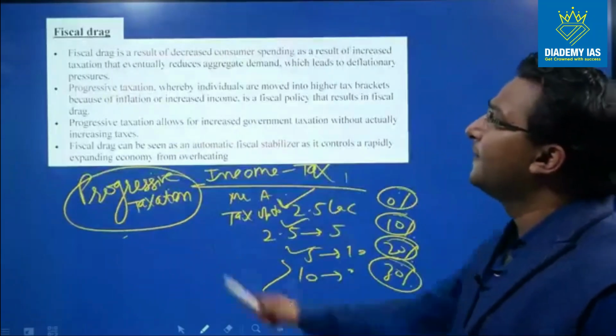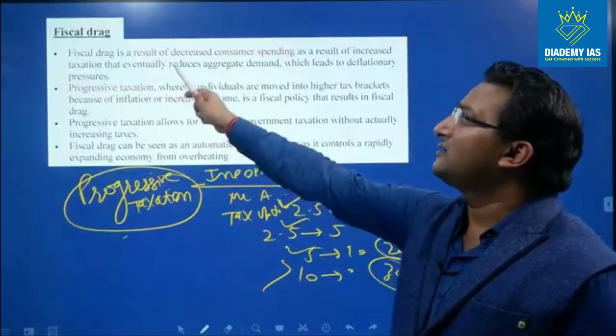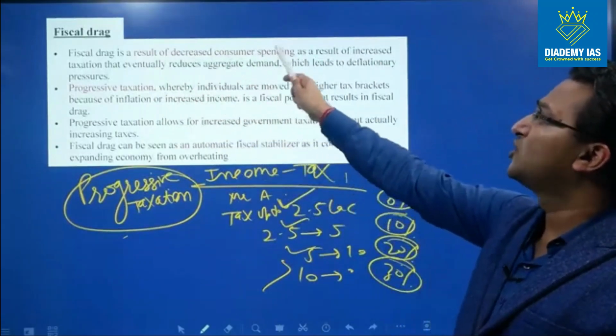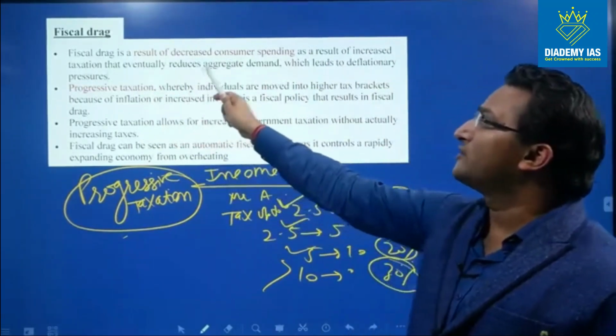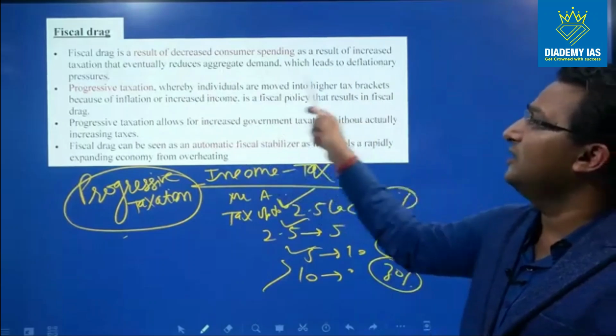So you can see over here, fiscal drag is a result of decreased consumer spending as a result of increased taxation that eventually reduces aggregate demand, which leads to deflationary pressures.